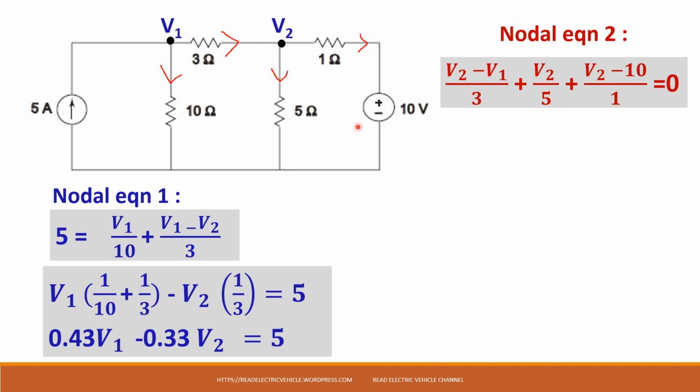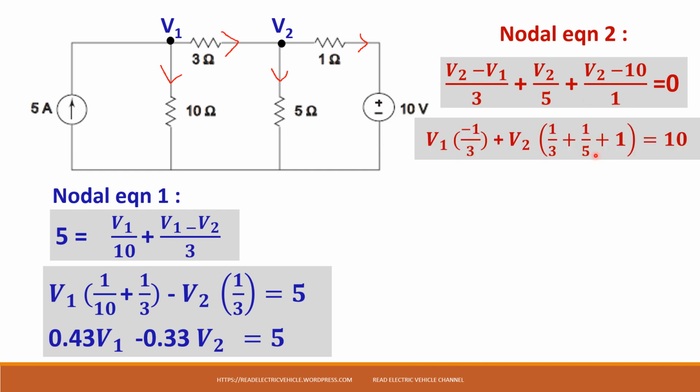While writing this equation, you should be careful whether it is plus 10 or minus 10. When you have a plus symbol at the top and you write like this, you are writing V2 minus 10. If negative is at the top and positive is here, you have to write it as plus 10. That also you have to remember.